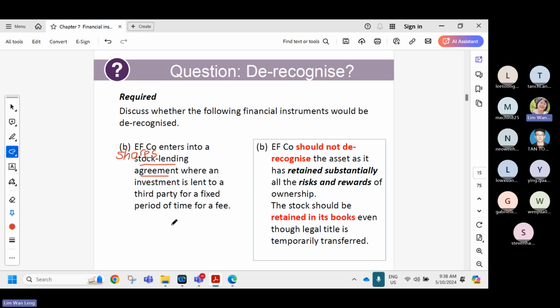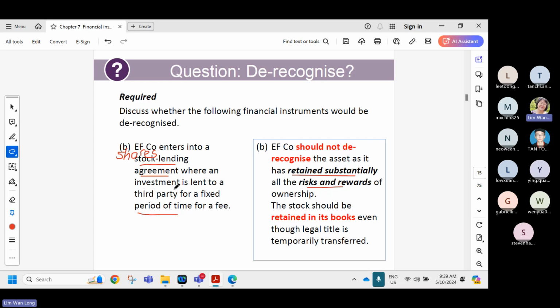Because eventually, after the fixed period of time is over, the assets will be returned back to EF. And during the so-called loan period, of course, the assets are temporarily given to the third party. But EF actually retains substantially all the risks and rewards of this particular asset.